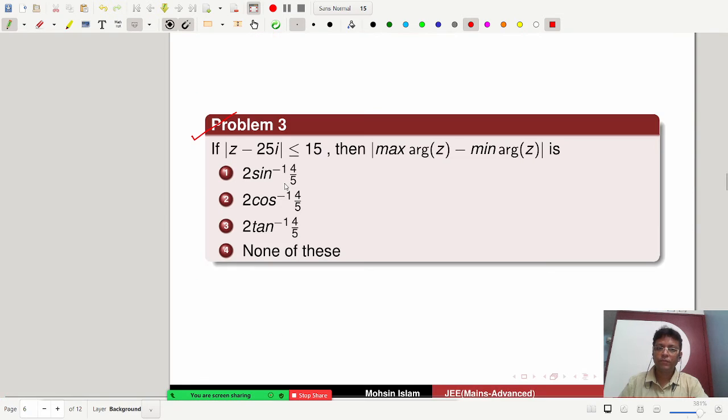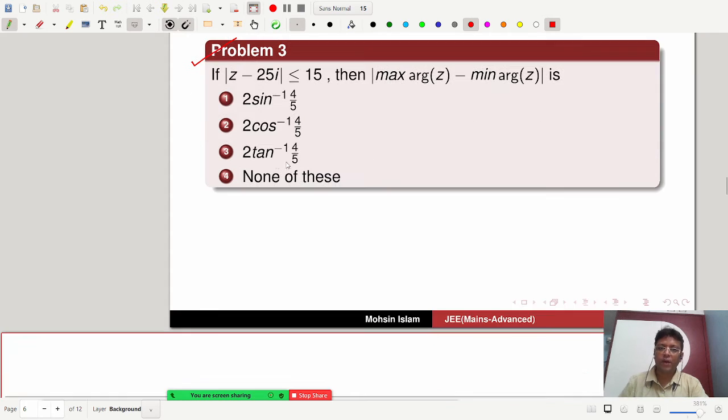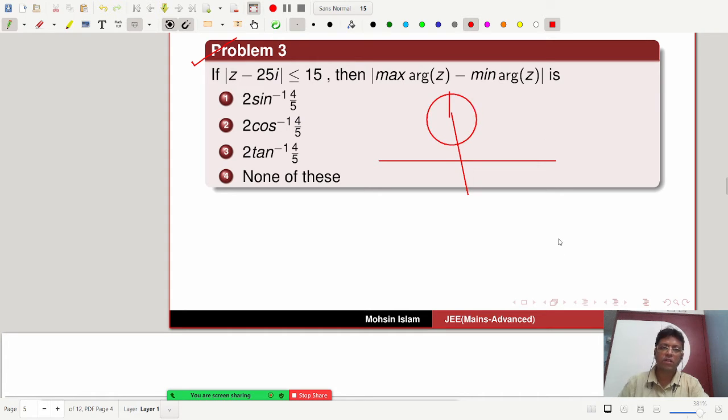First of all, modulus of Z minus 25i equal to 15, what does it represent? It represents a circle whose center is 25i, that is on the imaginary axis, and radius is 15. So your circle will look like this.